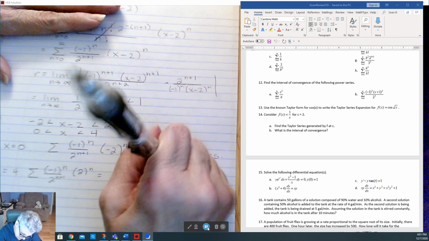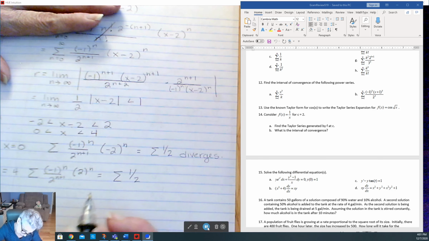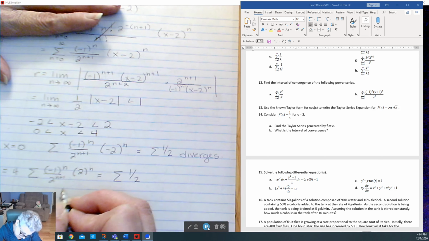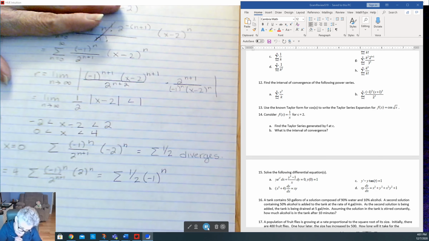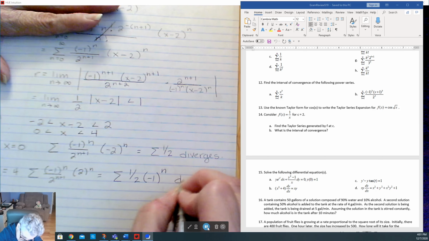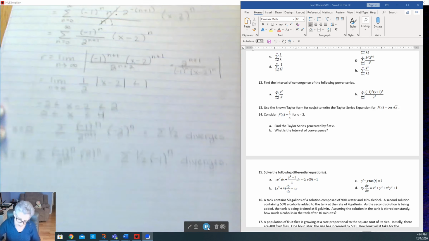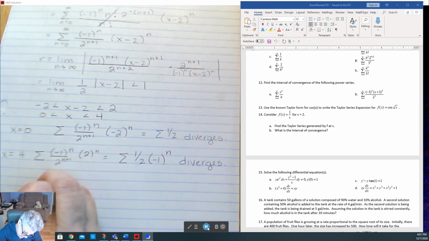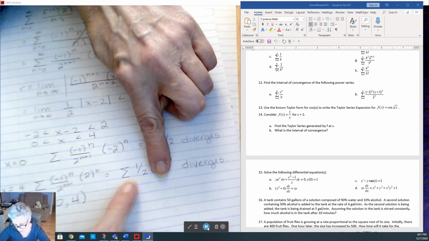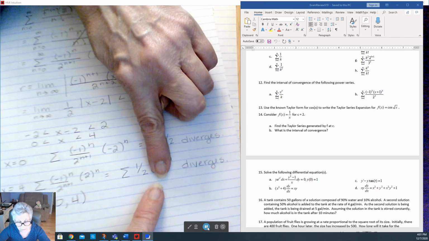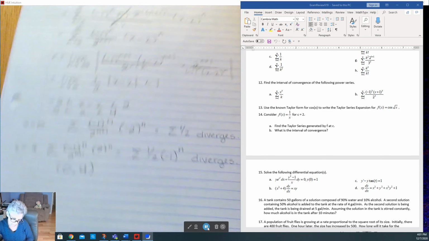Actually, this would have been a half, and this one would be minus a half. Well, 1/2 times (-1) to the n power, but it still diverges. So it diverges on both ends, 0 to 4, because if you look at the limit as n approaches infinity of a half, it's a half. So it diverges by the divergence test.